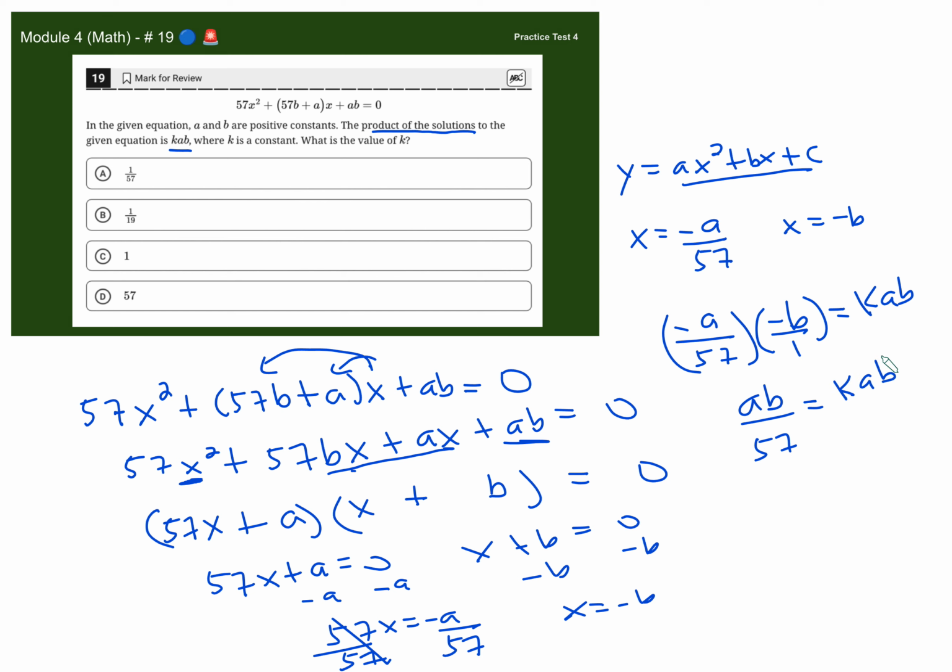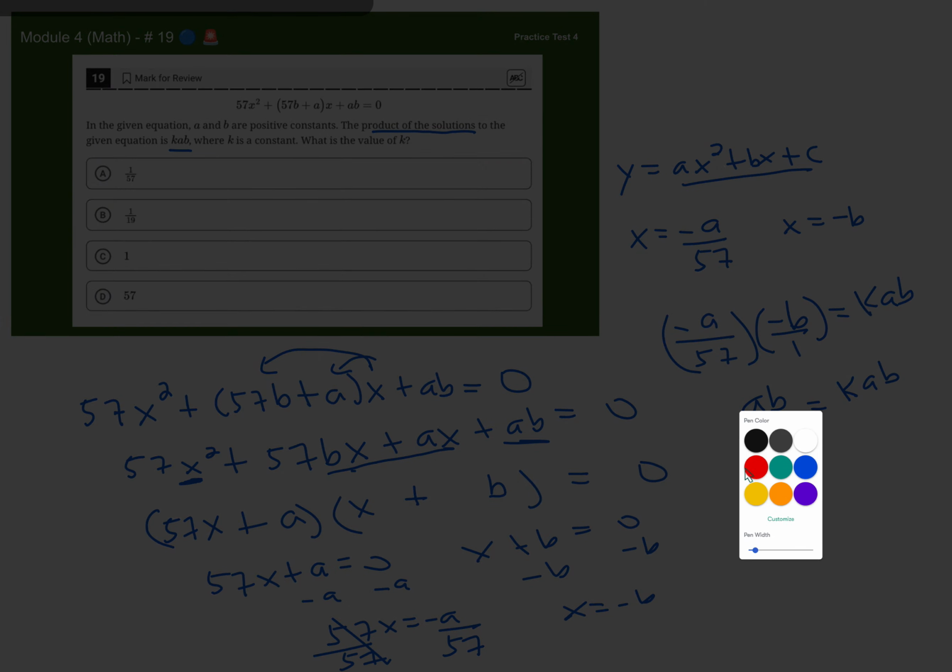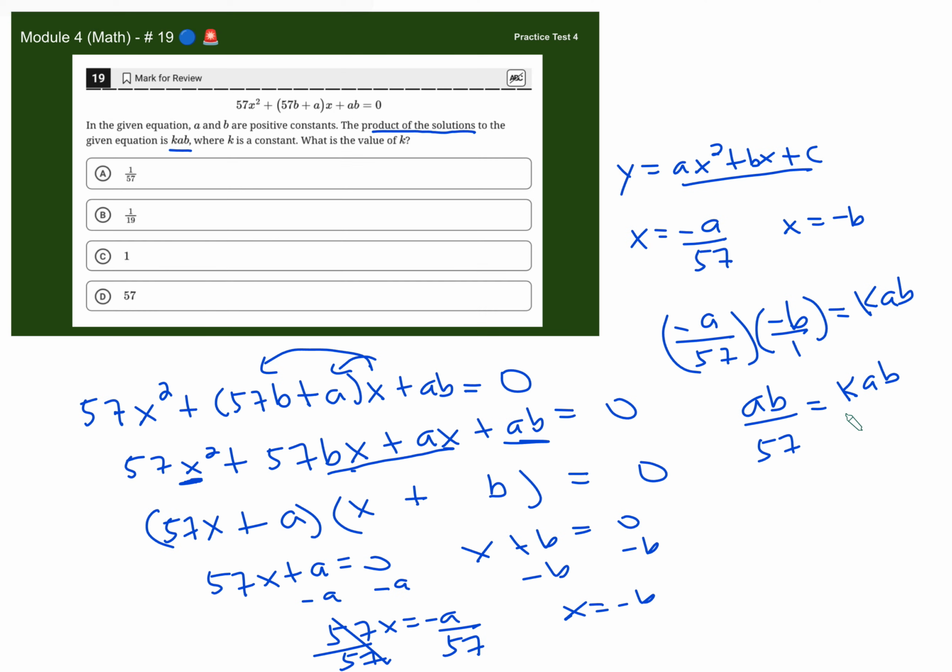Okay, and the ABs kind of wipe out. You can do this a couple ways. One way, if you want to get rid of the ABs, is you can divide out. You can go divided by AB, and then over here, divided by AB. Boom, boom, boom, boom. Or you could also do this.